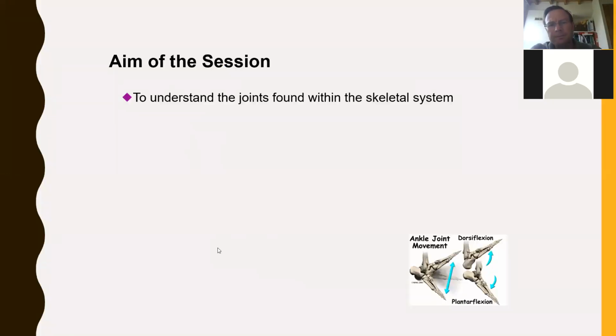At the end of the session, I want you to be able to understand the joints found within the skeletal system. We'll look at the broad categories of joints, and then dig deeper into one of the groups of joint.